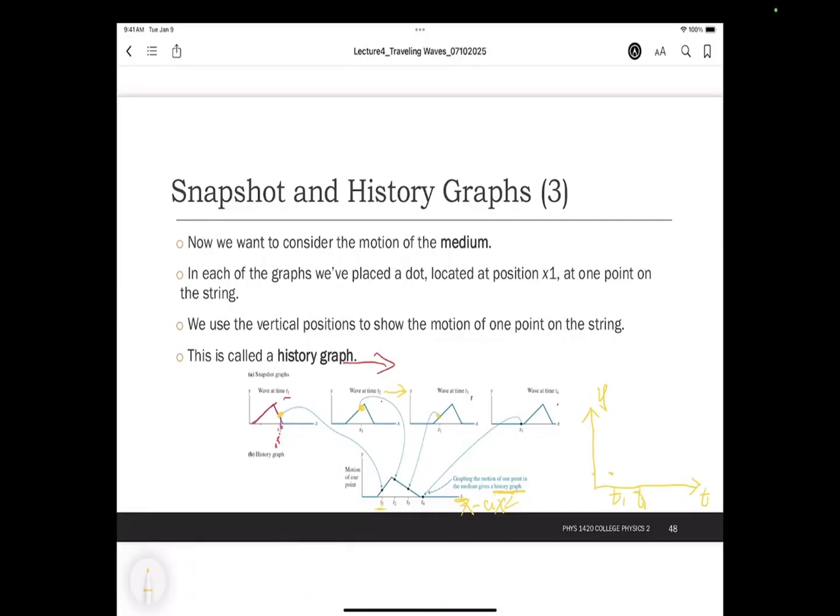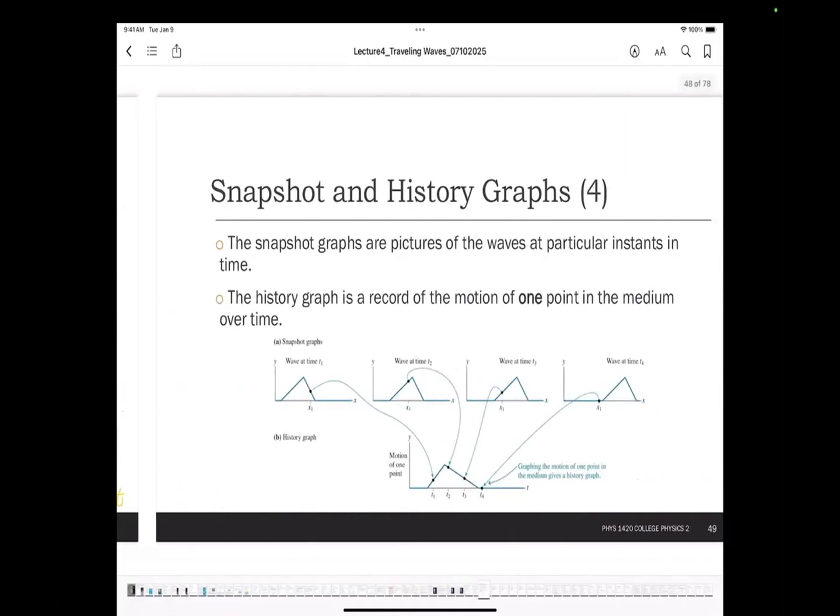At T2, the displacement equals this one. At T3, it equals this one. And at T4, it is this one. Then you just connect them together. It's the same thing here. This is how you draw a history graphic. Does it make sense to you?